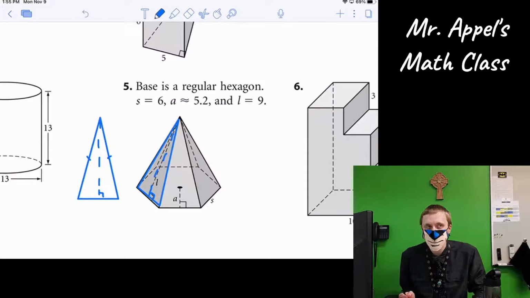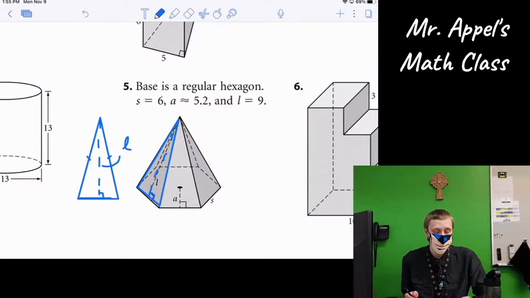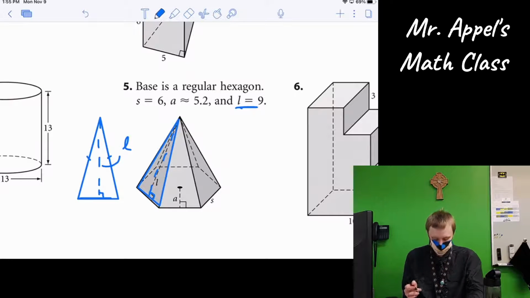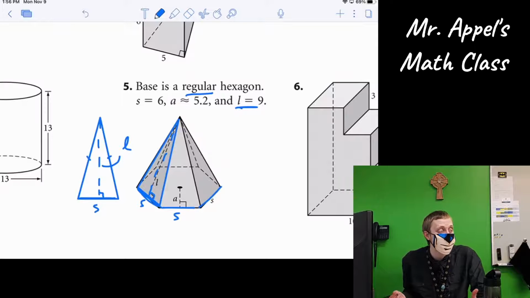Okay, that's the important part. The height of your triangle must be perpendicular to your base. In this case, the height of the triangle is actually length L, probably for lateral height of the pyramid. And then the base here is right there on my shape, and it's a regular hexagon. So this side, the same as that side, the same as that side. These are all S's. So the base of my triangle is actually S.